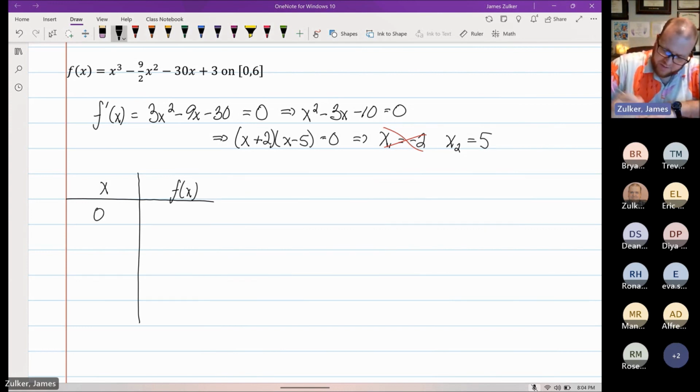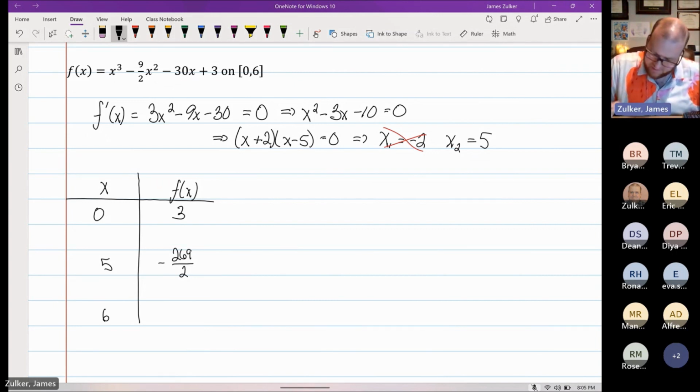So start with x equals 0. f of 0 is 3. f of 5 is going to be -269 over 2.